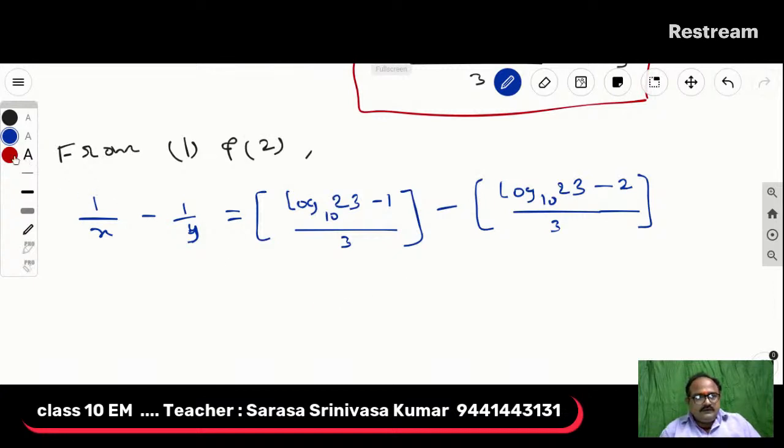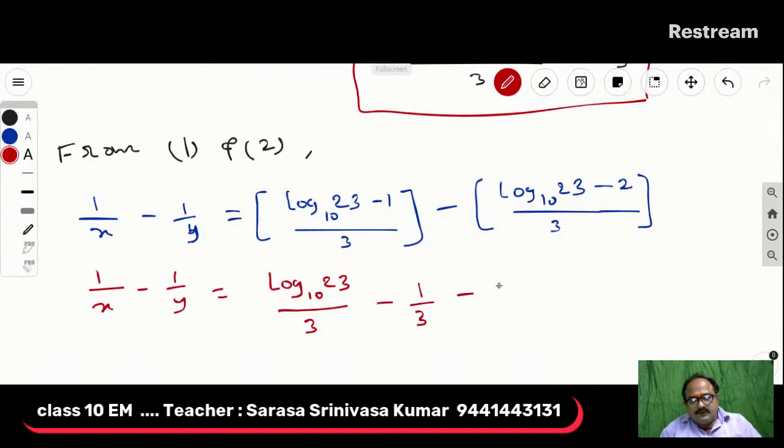So we can write 1 by x minus 1 by y equal to log 23 base 10 by 3 minus 1 by 3 minus log 23 base 10 by 3 plus 2 by 3.